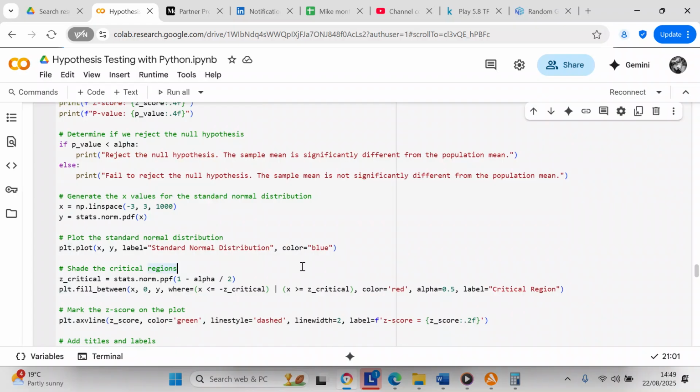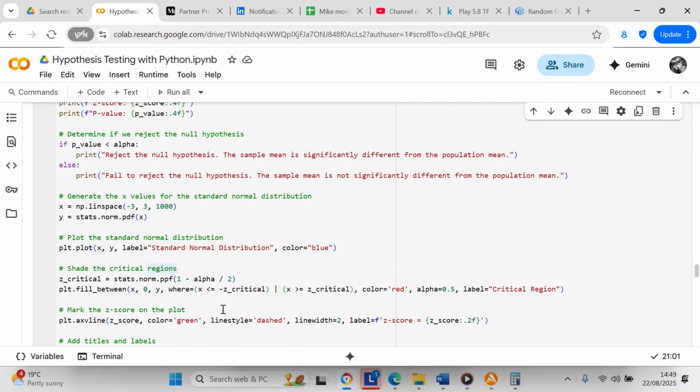So that's going to be 1 minus 0.05, which is 0.95, divided by 2, and I think that is 0.475.